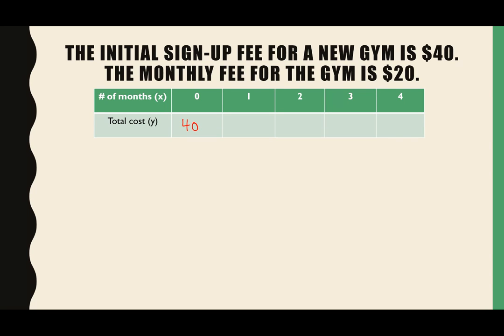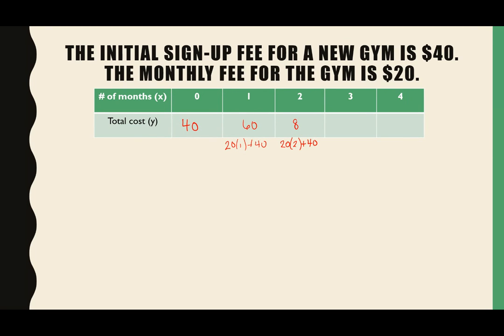Okay, so if I go to the gym for 1 month, it's $20 per month plus my $40 membership fee. So you've got $60. If I go for 2 months, it's $20 per month plus my $40 membership fee.